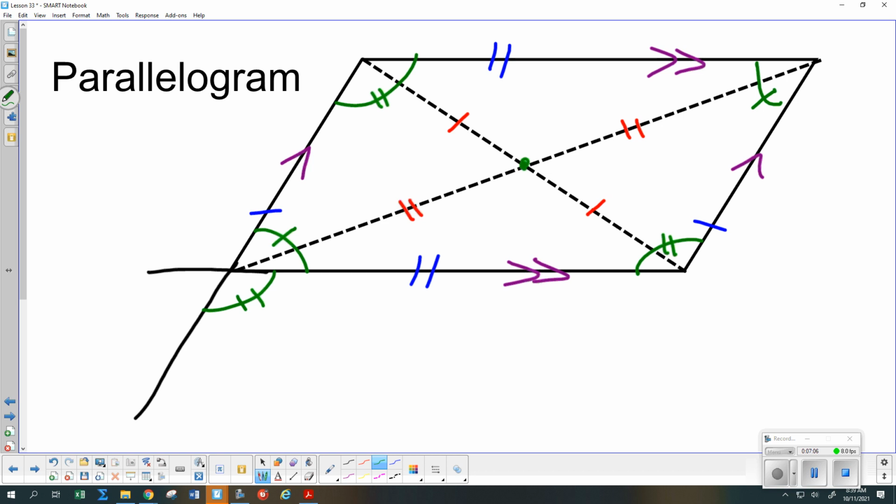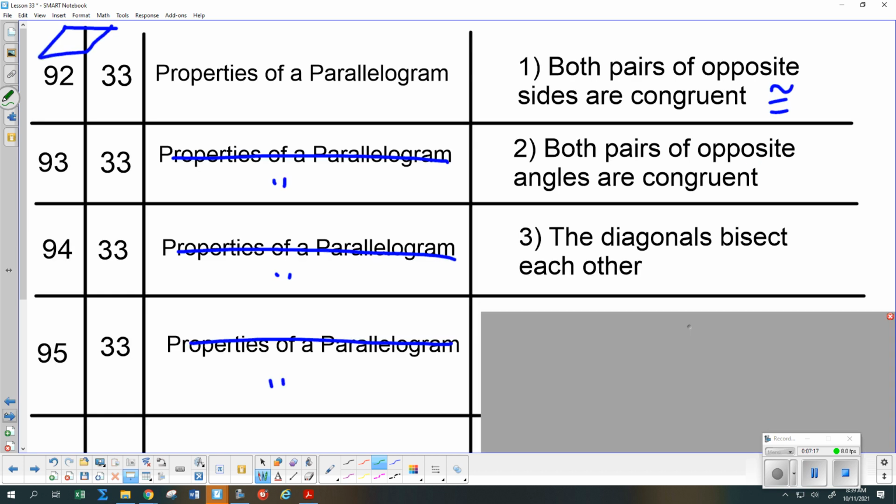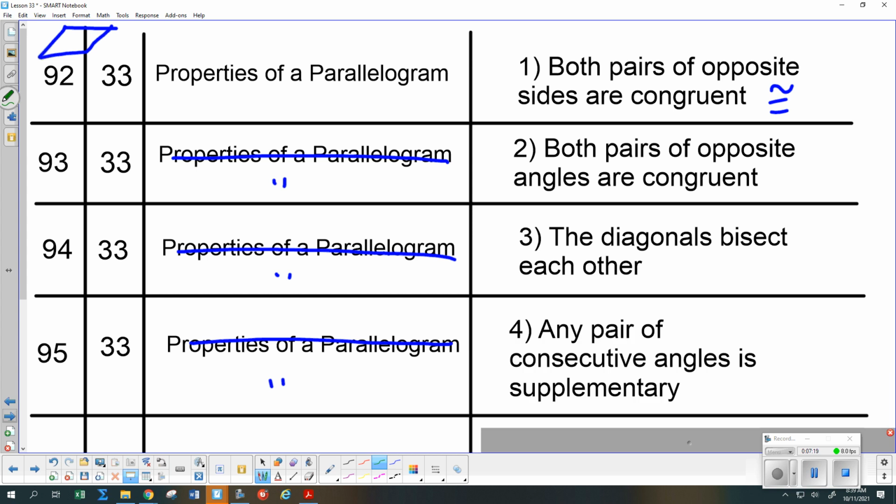So that top left and bottom left would have to be supplementary. The 2 tick marks plus the 1 tick mark has to make 180 degrees. So that's all that our last property says, is that if you pick any 2 consecutive angles, the 2 on the left or the 2 on the top or the 2 on the right or the 2 at the bottom, they would have to be supplementary.